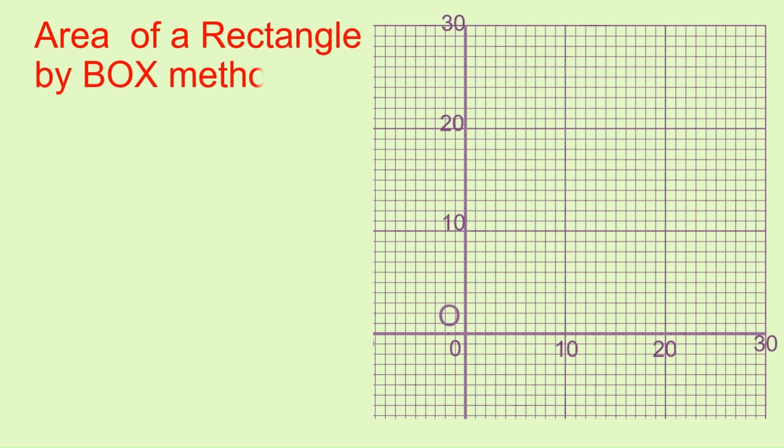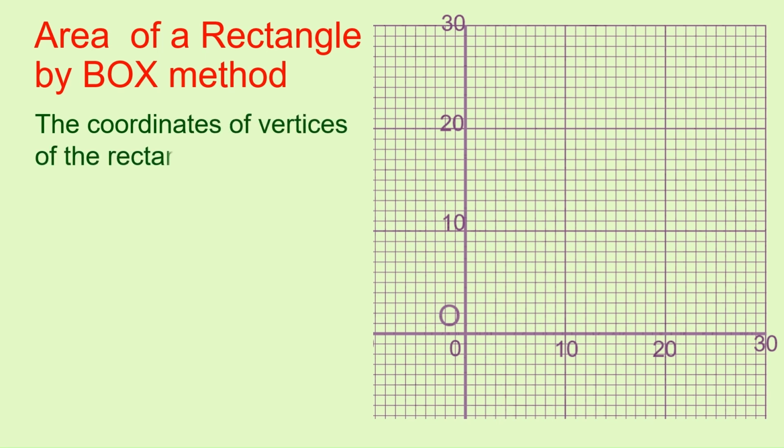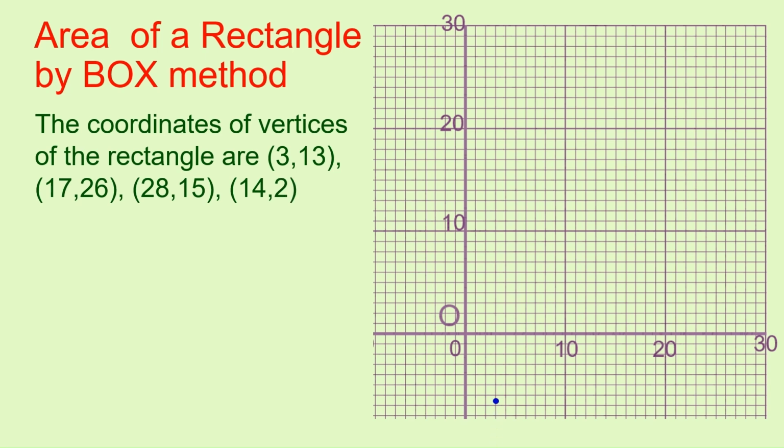Area of a rectangle by box method. The coordinates of the vertices of the rectangle are (3, 13), (17, 26), (28, 15), (14, 2).